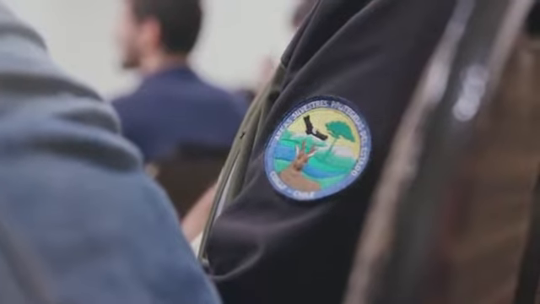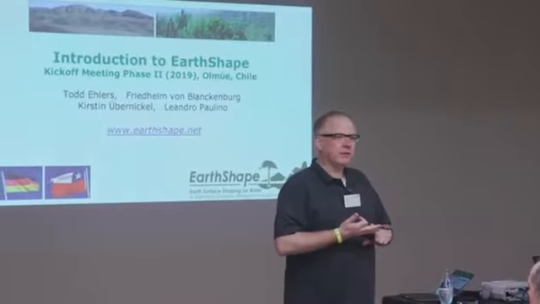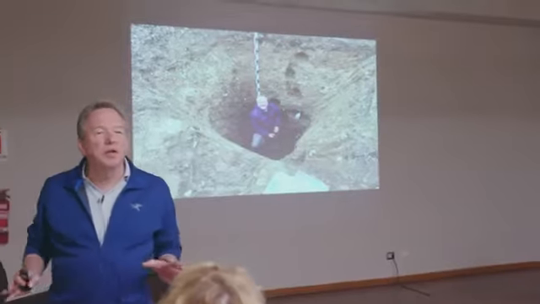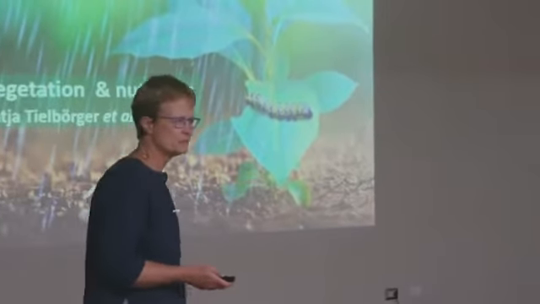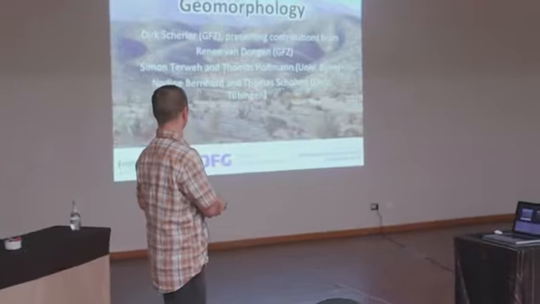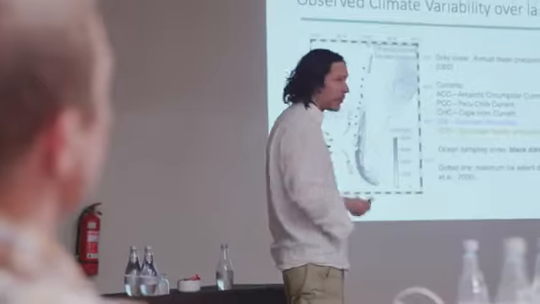First, the 80 scientists that conducted research in the first phase of Earthshape exchanged their results. Among other things, topics include the geology of Chile, soil formation, plant species distribution and nutrient uptake in plants, how erosion works, simulation of the vegetation and climate with numeric models.